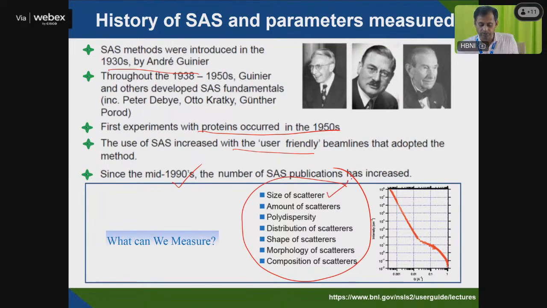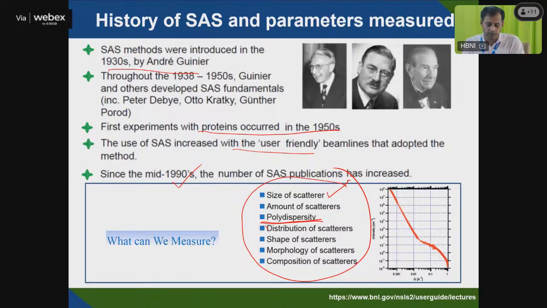As I told, the size of the scatterer. The scatterer is nothing but your sample, the particle from where the X-ray or neutron is scattering, what is the amount of the scatterer, and what is the polydispersity. That means what is the distribution of particle size, whether the particle is 10 nanometer or 100 nanometer; all that information you will get, that variation of particle size, the polydispersity. Then the distribution of scatterers and the shape of the scatterer.